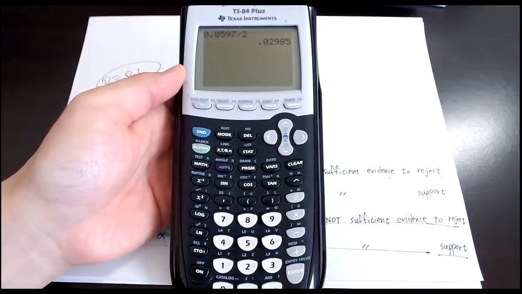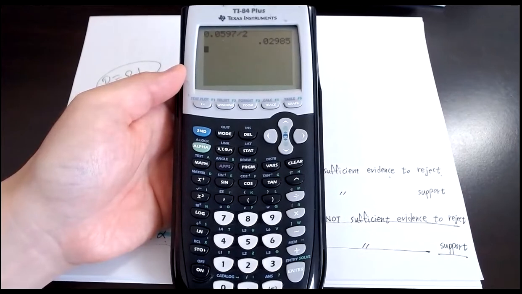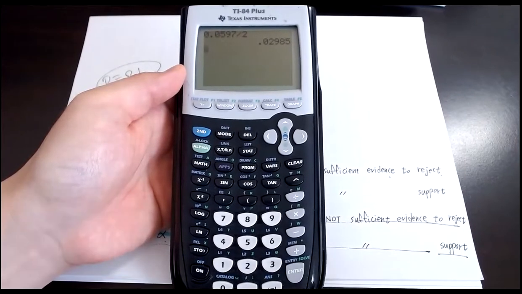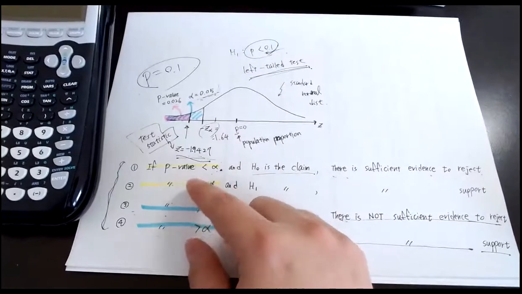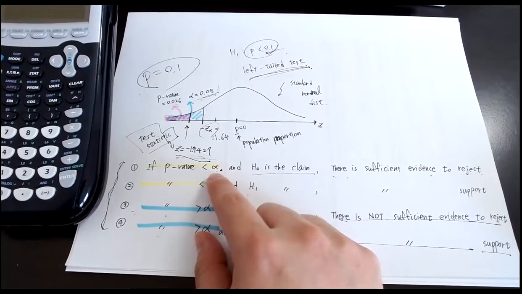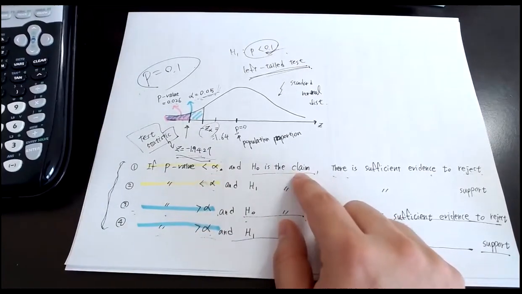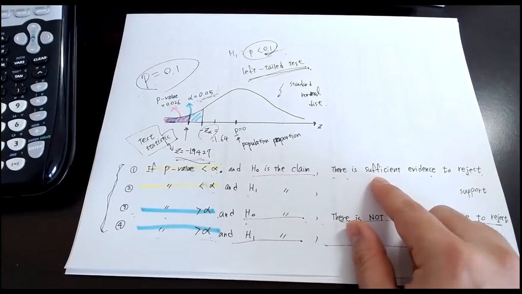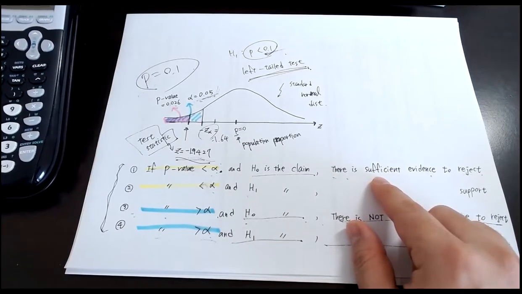Okay, so we compare that value with half of alpha. Alpha is 0.1, so half of alpha is 0.05, right? So definitely 0.029 is less than 0.05, right? So half of the p-value is less than half of alpha, and H0 is the claim, right? So it's the first case. Then there is sufficient evidence to reject the claim, right?